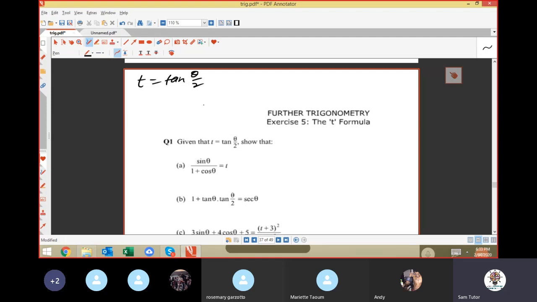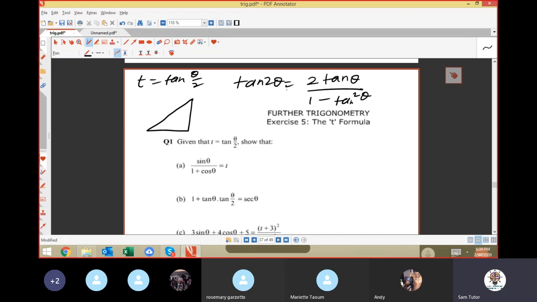From that, we actually can derive a particular result. I'll tell you exactly where it comes from. I think it's pretty neat. You guys have memorized tan 2 theta is 2 tan theta on 1 minus tan squared theta, right?